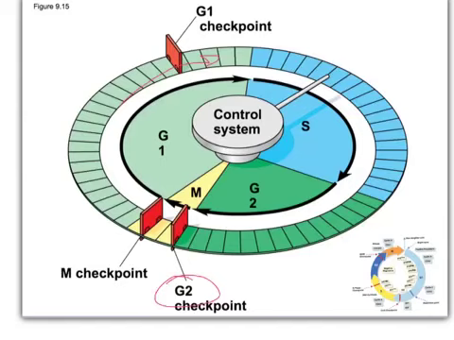Don't want to pass on incomplete information, sub-quality cells onto the next generation. So we have the G2 checkpoint, and there's also an M checkpoint in mitosis.